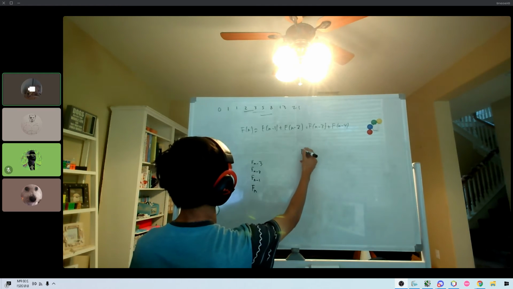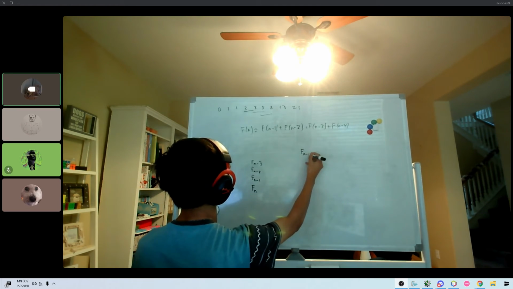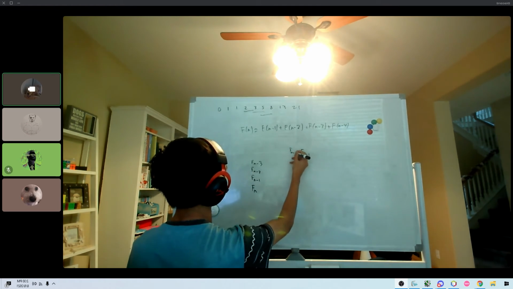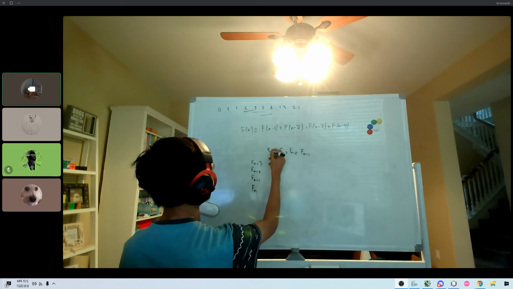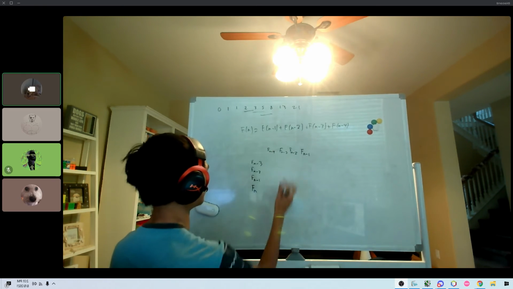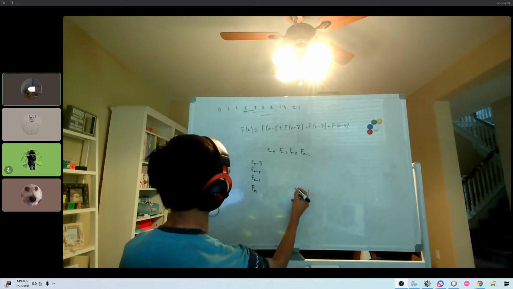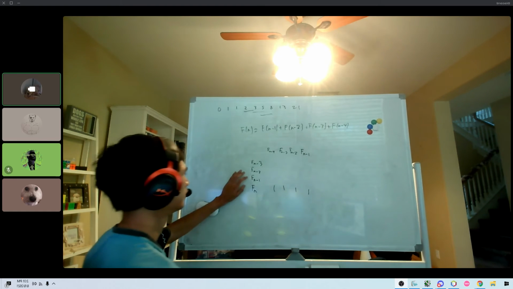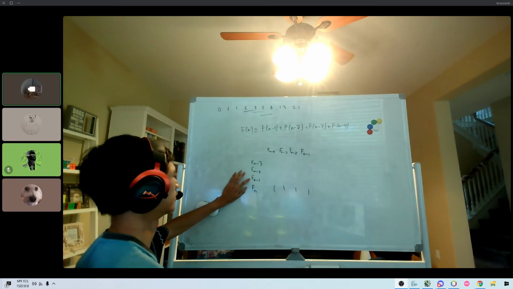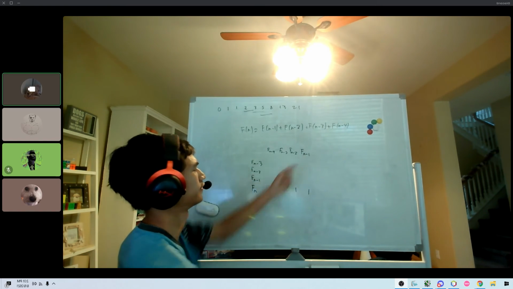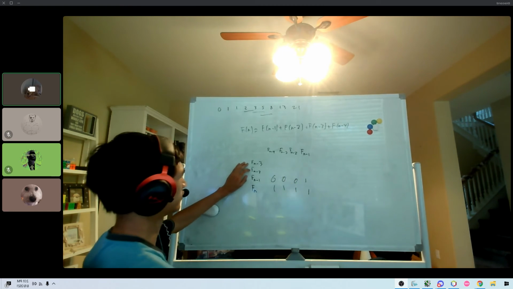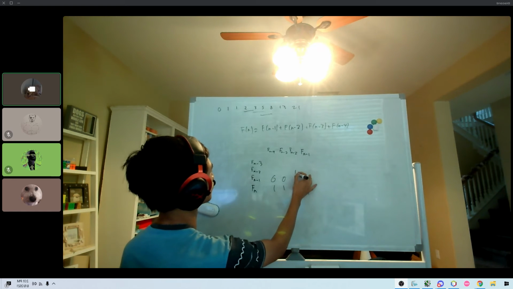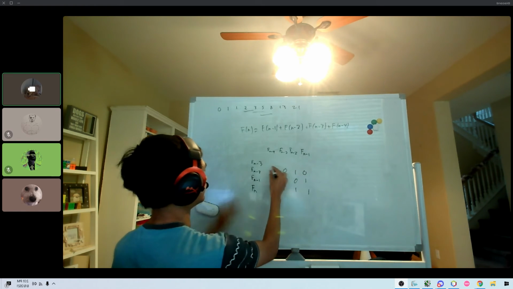So if I label these columns f of n minus 1, f of n minus 2, and so on up to minus 4, we'll get 1, 1, 1, 1, and then f of n minus 1 is just equal to 1 of itself, and then 0 of everything else.